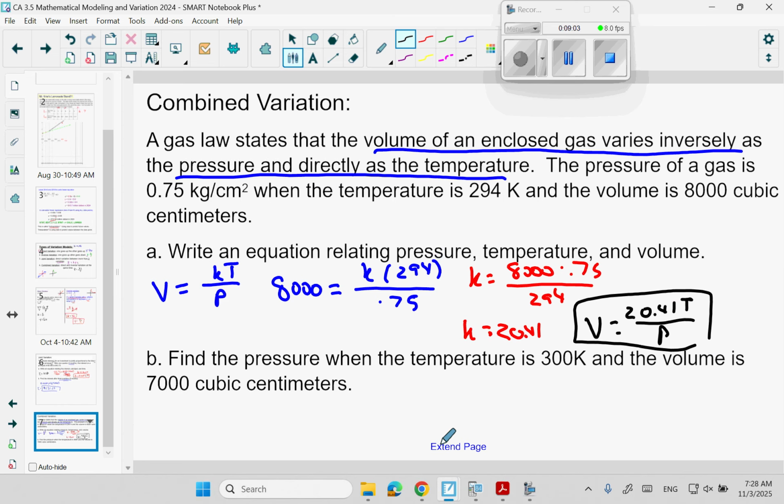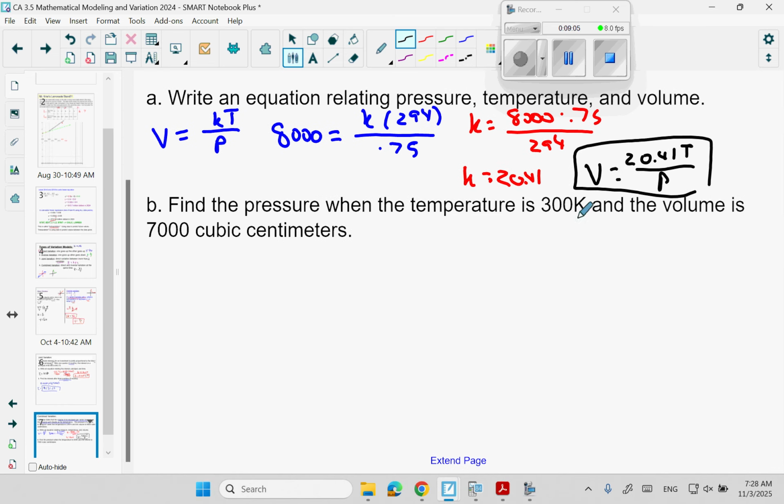Okay. Find the pressure when the temperature is 300 K and the volume is 7,000. So 7,000 equals 20.41 times 300 all over P. I want to get P by itself, so I can multiply both sides by P, and then I can divide by 7,000.